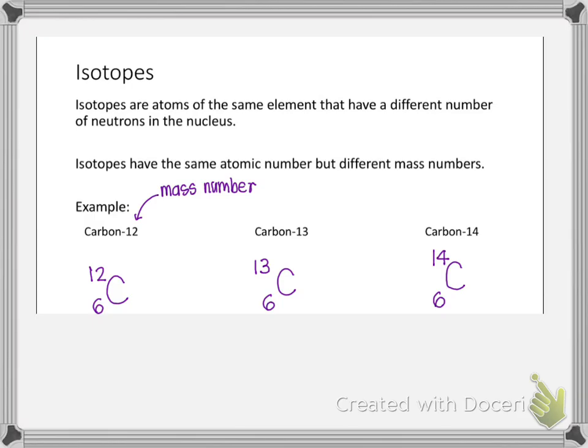Now, what's interesting, and one of the reasons that they might not have discovered the idea of isotopes until the early 1900s, is that chemically these carbon atoms act the same. So they'll do the same type of chemical reactions.